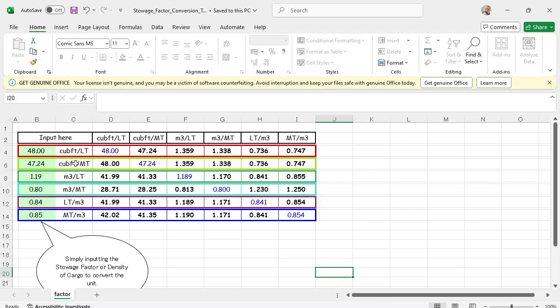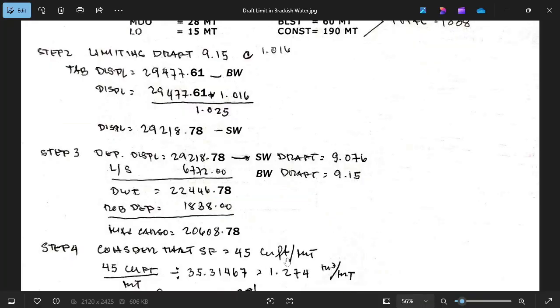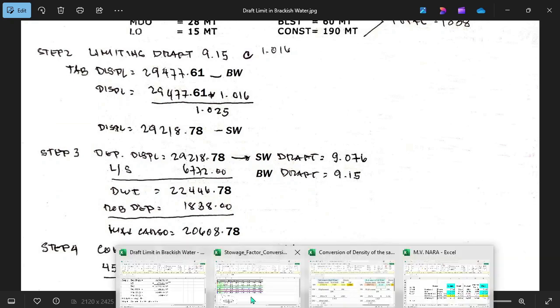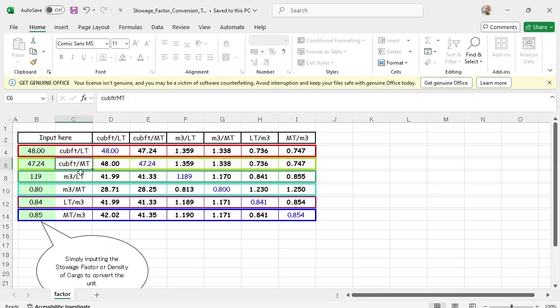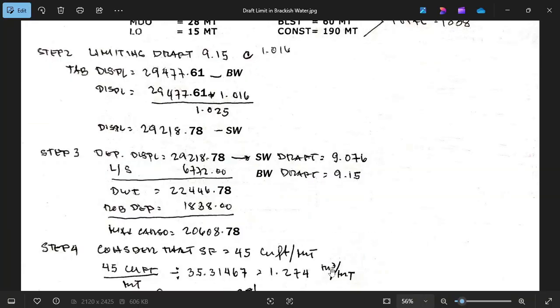Cubic feet per metric ton. That's correct. Cubic feet per metric ton, which is 45. Okay, you put here cubic feet per metric ton, you put 45, and you're looking for the result in cubic meter per metric ton.